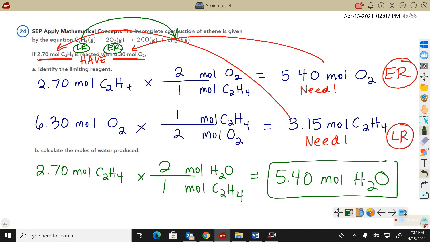So then maybe I would tack on one more little conversion and switch this 5.4 moles of water back to grams of water. But the key is that before I can convert between any reactants and products, I need to know which reactant is going to run out. So we do this first little limiting reactant step so I know which reactant I should start with when I do my final conversion to determine how much product is formed.